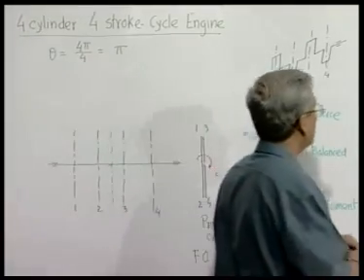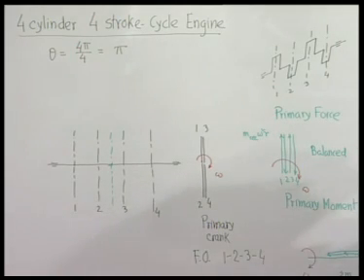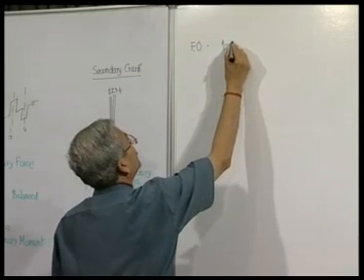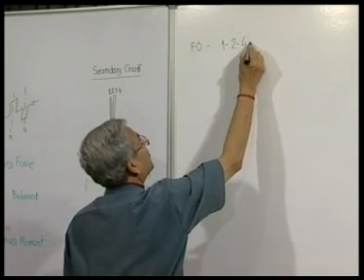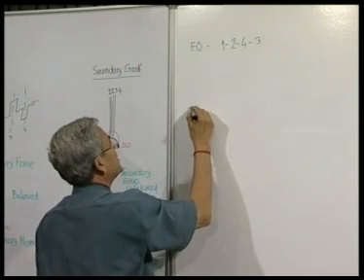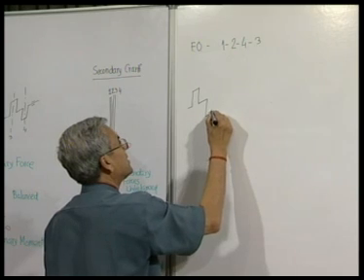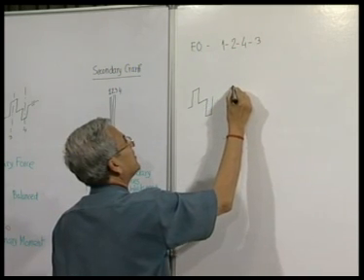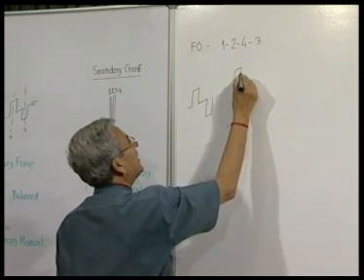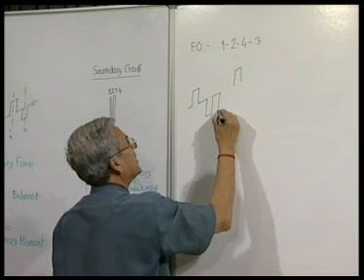Suppose the same engine, we take the firing order as 1, 2, 4, 3. That means first cylinder fires, then second cylinder fires, then fourth cylinder fires, and finally third cylinder fires.